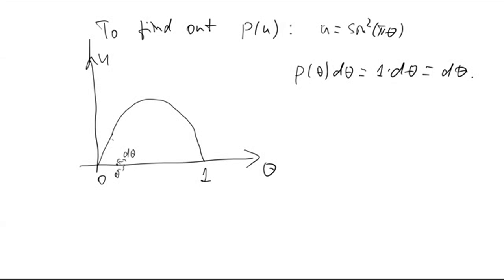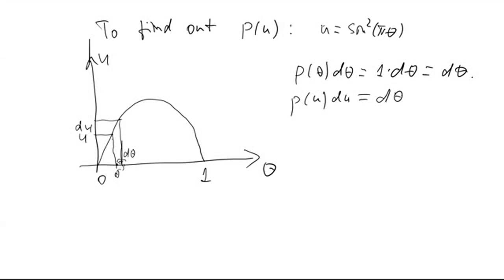And this will be the probability for U to be in this range. P of U du will be equal to d theta.